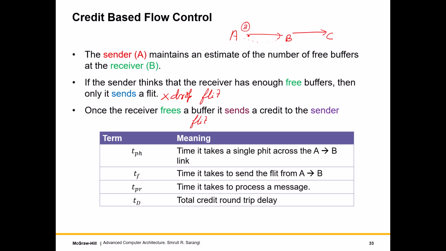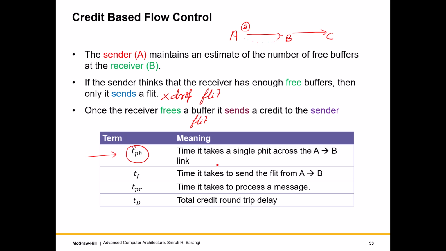It does not have to be anything more than that. The key point is that the moment a buffer becomes free, a credit is sent. That is the most important thing. That is how A can have an up-to-date or near up-to-date estimate of the number of free flit buffers at B.